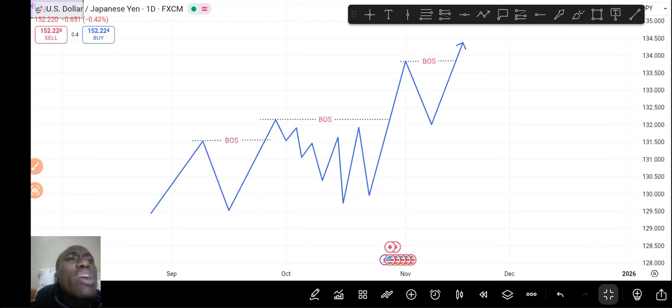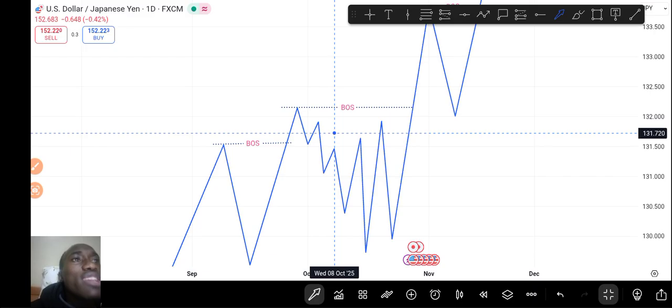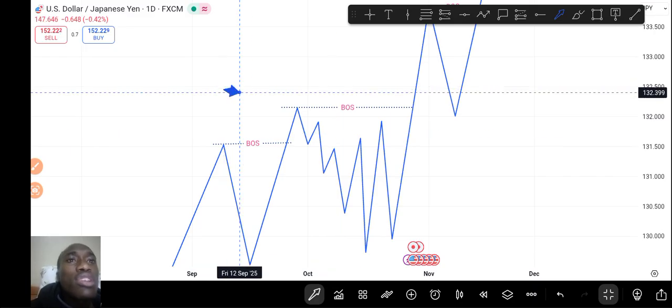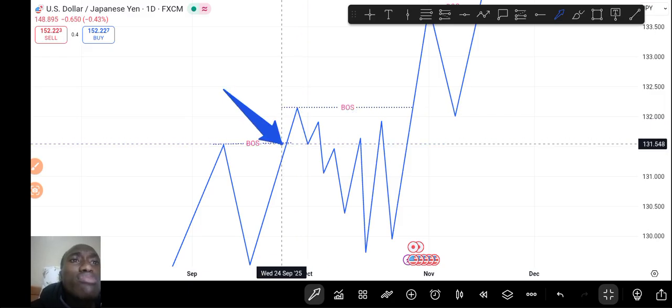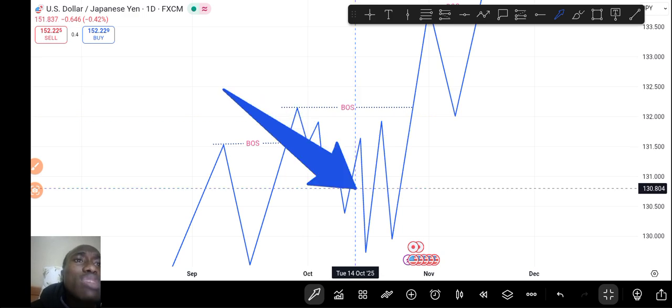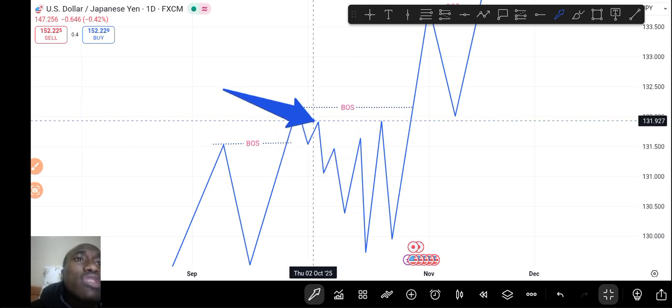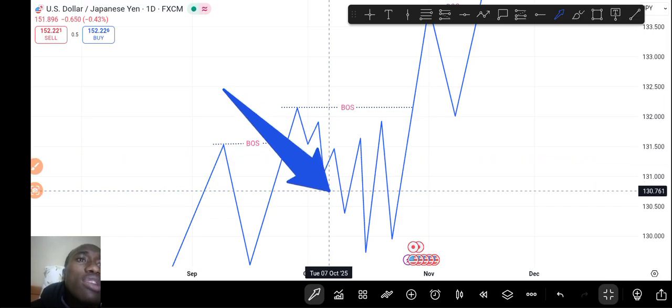Now what do I mean when I'm talking about change of character? Look at this. The prices are going down. The price broke structure at this point. It went up, it started retracing back. This movement is retracement. It formed a higher low, lower low, lower high, lower low, lower high.